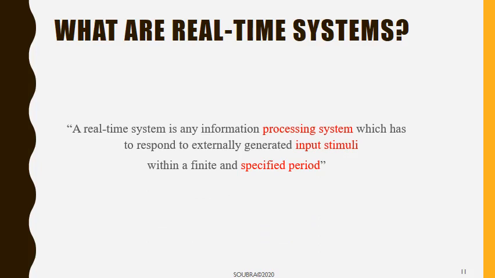And see here, specified period of time, this throws you back to the OS and the CA courses when we talked about deadlines, for instance. So here in real-time systems there are some deadlines that need to be met and respected.